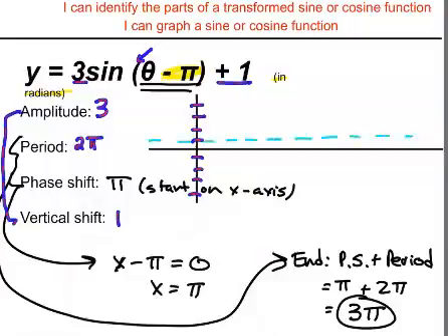That's my center at 1. That's the midline. Now from there, we're going to go up 3 and down 3. If you want to make little dotted lines too, from that blue one, I'm going to go up 3, which takes me to 4, and down 3, which takes me to -2.